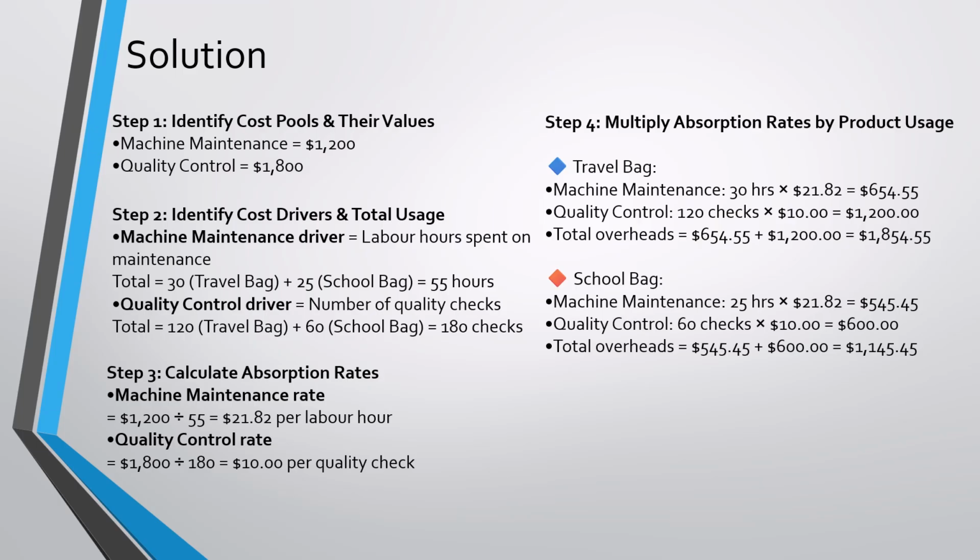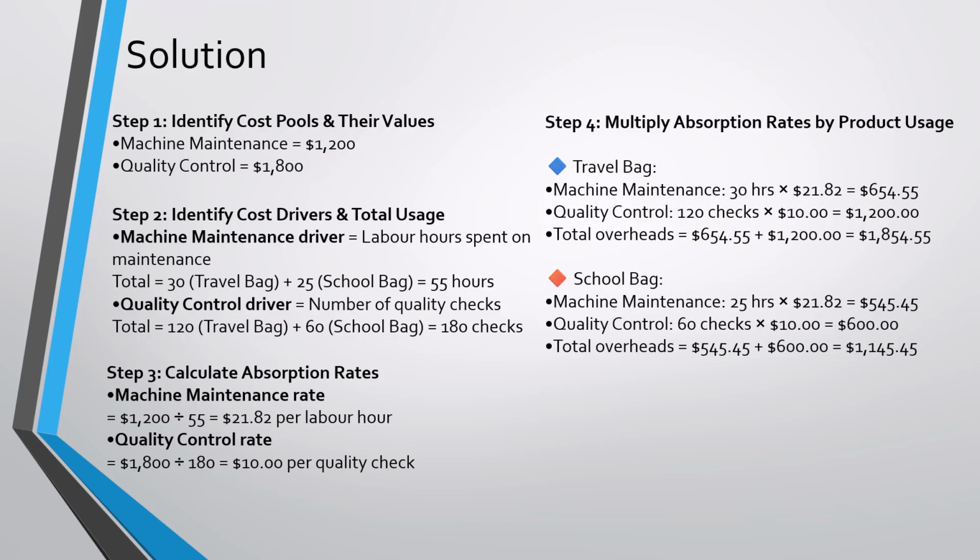For machine maintenance, the driver is the labor hours and the total hours spent on machine maintenance is 55. So we will divide $1,200 by 55, which will give us $21.82 per labor hour.